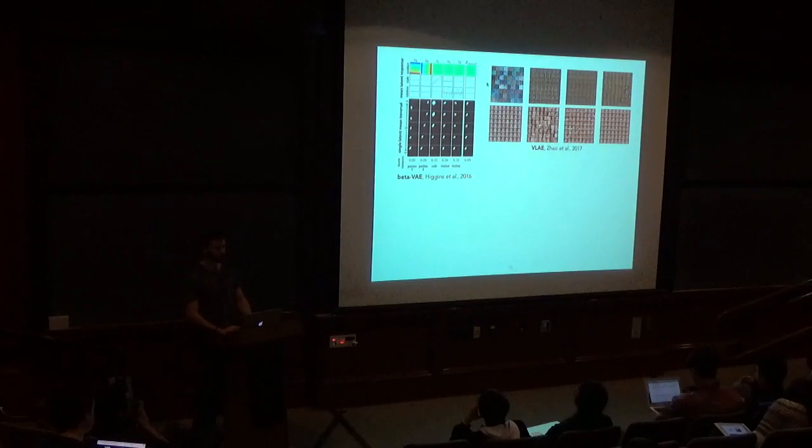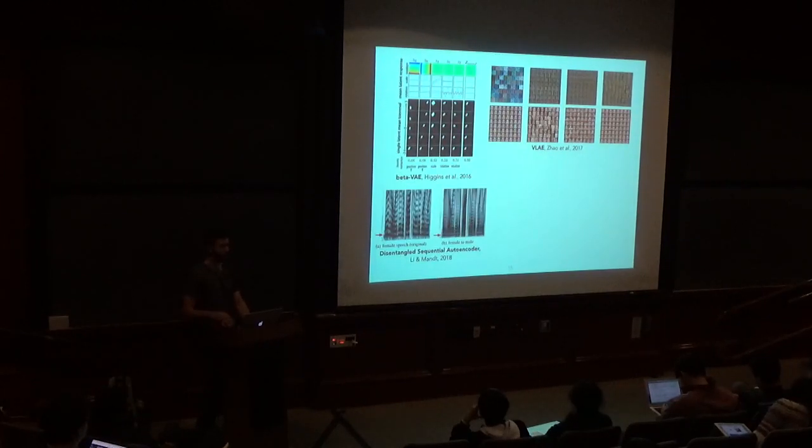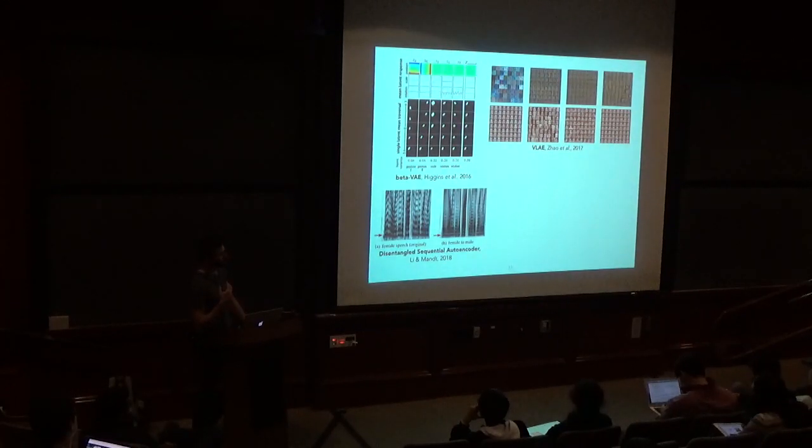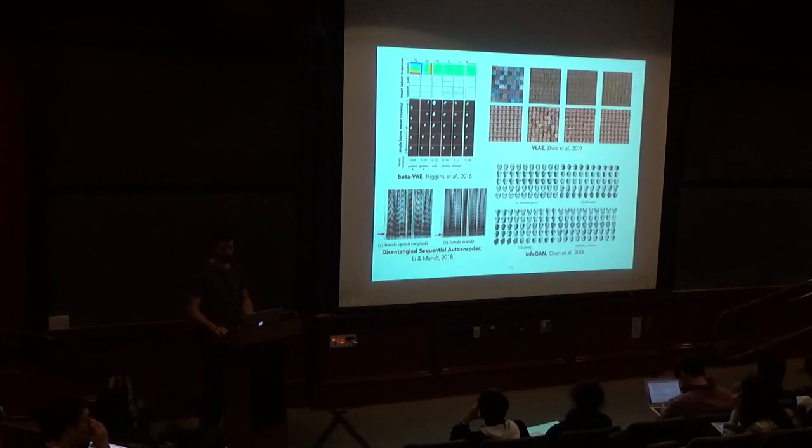You can do similar things with extracting structure from natural images, where you have things like color, or actually which digit you're looking at, or similar things with faces. People have even looked at extracting structure from speech data, where you can extract male versus female type of identifiers, and also looking at more like 3D representations of shapes as well.